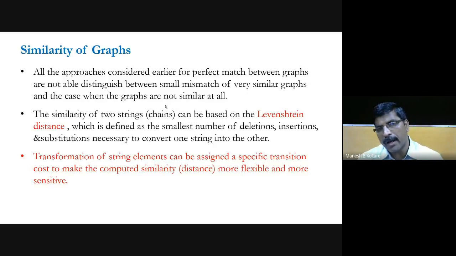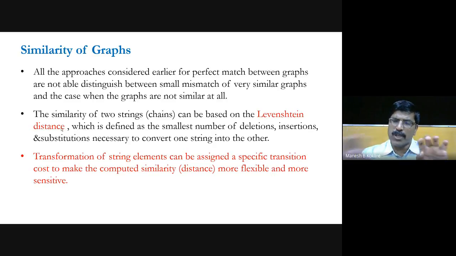So to avoid that, another method is used, and the similarity of two strings, like a language, can be based on the Levenshtein distance. For example, class C1 has language L of Z1, and class C2 has language L of Z2, right? Now, when can we say this object and this object in a syntactic classifier are the same?